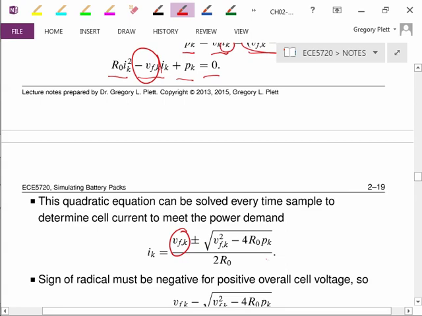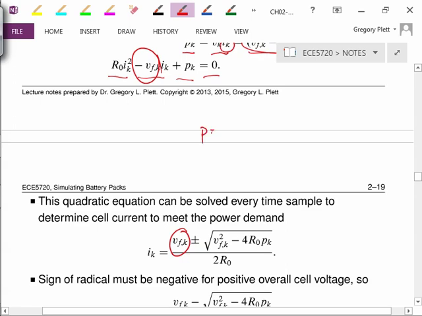There are two solutions, and we have to decide which solution we want. We can prove, though I don't do that here, that one of the solutions is obtained by forcing a negative cell voltage and one by a positive cell voltage.